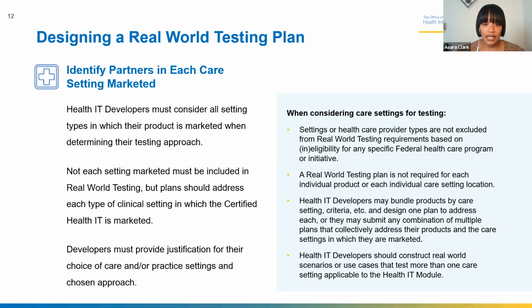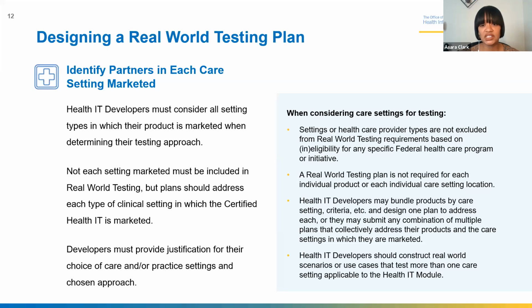You don't have to do each location. You just have to cover each care setting type, all right? You have to include a justification for why you chose these care settings or practice settings, all right? You want to make sure that it makes sense for how and where you're marketing your certified health IT.